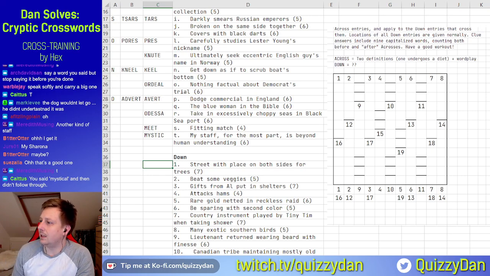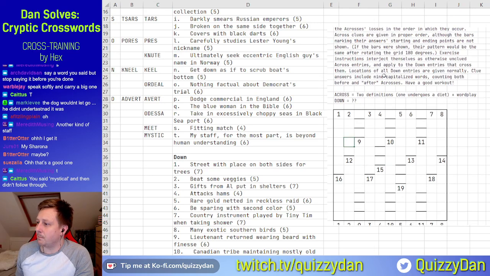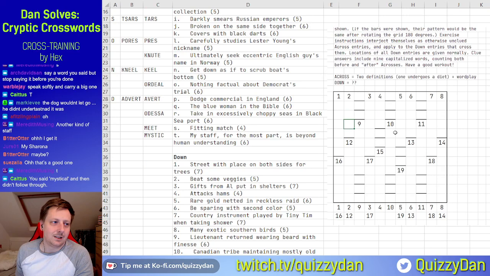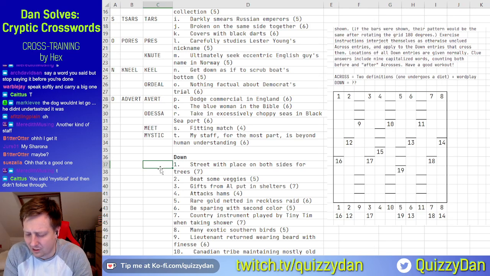And it doesn't say anything about the lengths. We're given lengths, but it doesn't say what's going on. Street is ST. Place is usually PL or place on both sides.